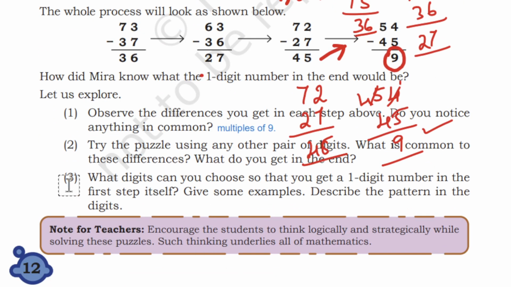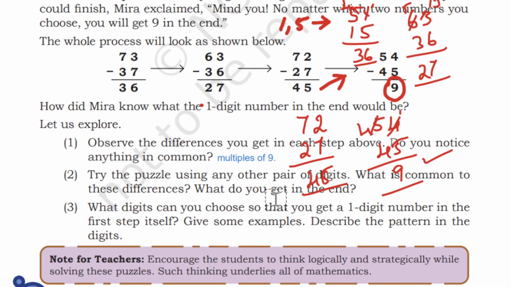Okay, next. What digits can you choose so that you get a one digit number in the first step itself? For that, the difference should always be 1. So easily you can get the one digit number at the start itself. For example, the difference of the numbers which you are taking should always be 1.